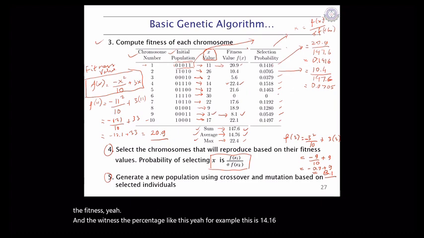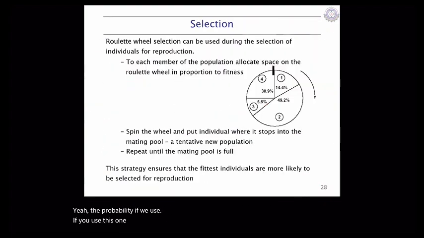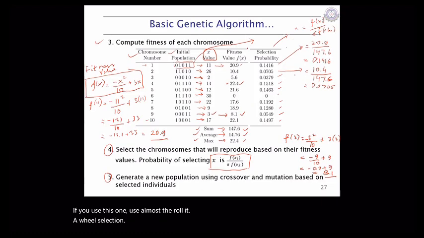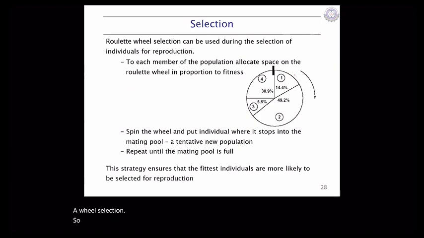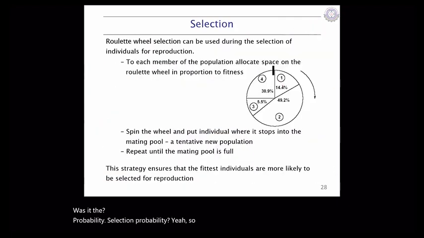So then we allocate the probability accordingly. This is just for example, not representing the previous one. So number one, the selection probability, 14 for example, and number two, 49. So you just allocate accordingly here.